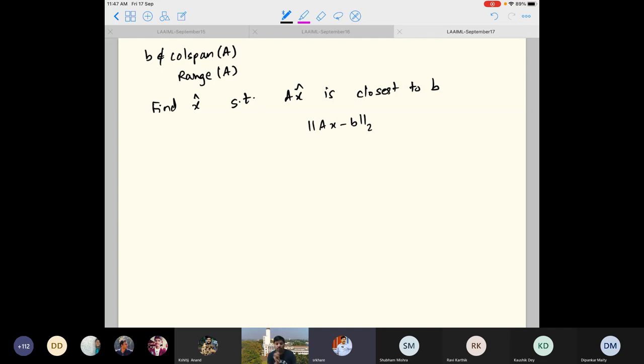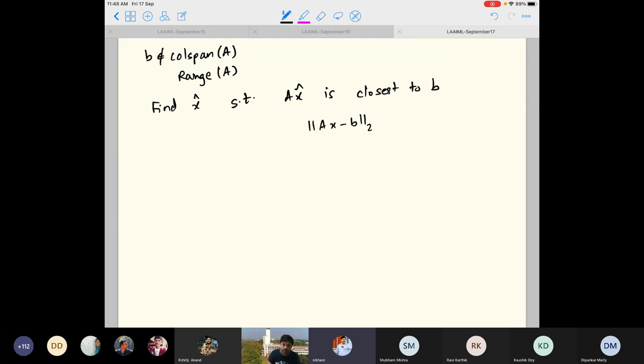Okay. And what did we really mean? In Ax minus B, the quantification of similarity or closeness was in terms of the two norm, but it is not necessary that we measure closeness or similarity in the two norm. I can use any vector norm to do this. In particular, I can use the one norm, or the infinity norm.